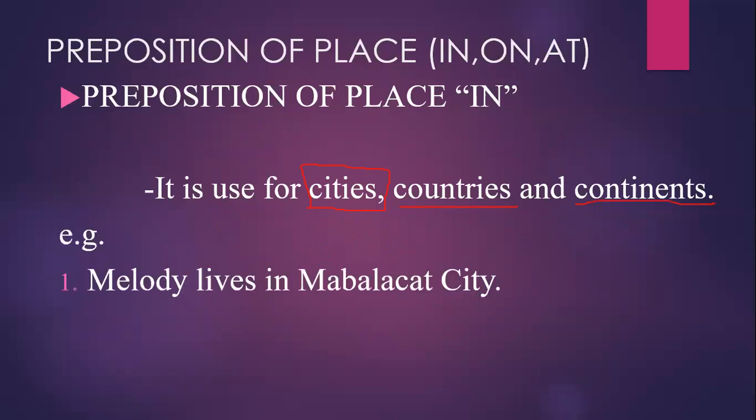For example, Melody lives in Mabalacat City. Here we use the preposition of place in because we are talking about a city, which is Mabalacat. Next, Grace lives in Canada. We use the preposition of place in because we are talking about a country, which is Canada.